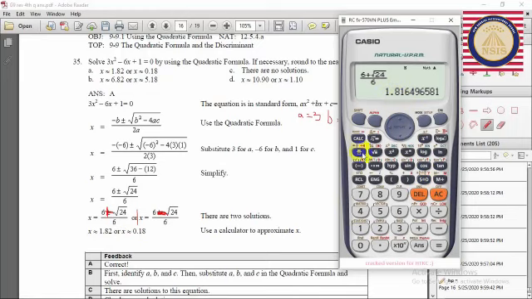Okay, let's take the other one here. 6 minus square root 24 over 6, so S to D, it will give me what? 0.18. Excellent. So my answer is A.